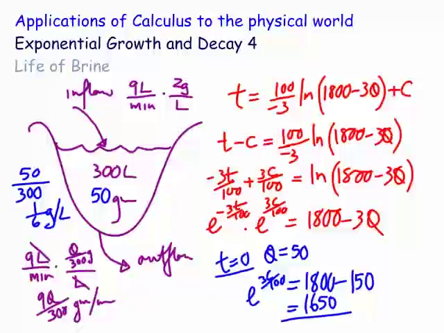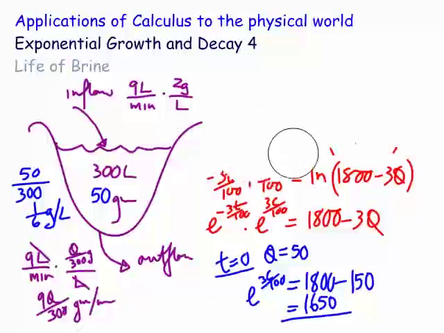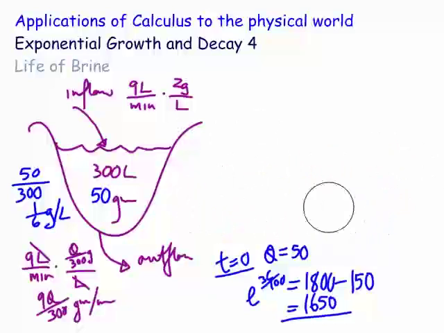Now, how do we rewrite the solution? Let's rub this out and rewrite the solution. If we put this constant in, we have 1650 e to the minus 3t on 100 is equal to 1800 minus 3q.